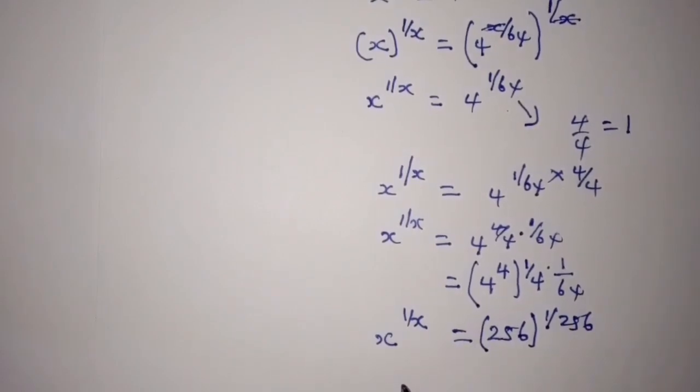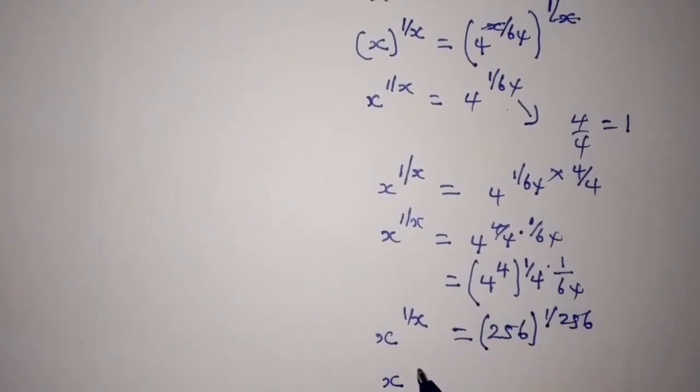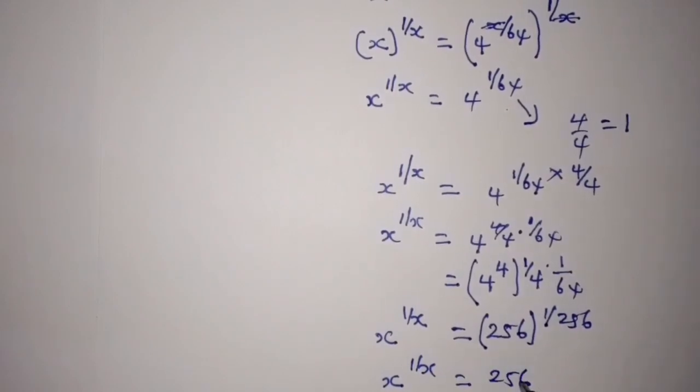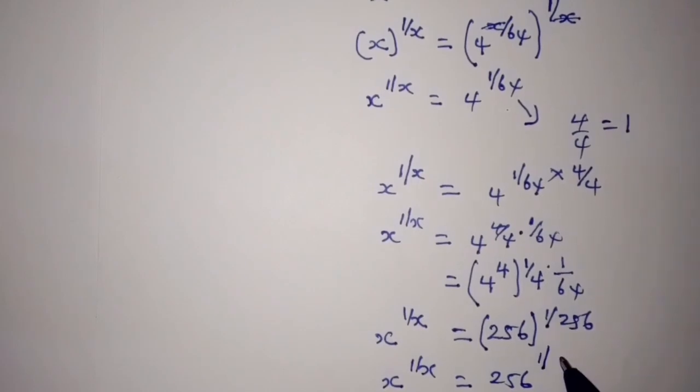So we are going to end up with x power 1 over x is equal to 256 power 1 over 256.